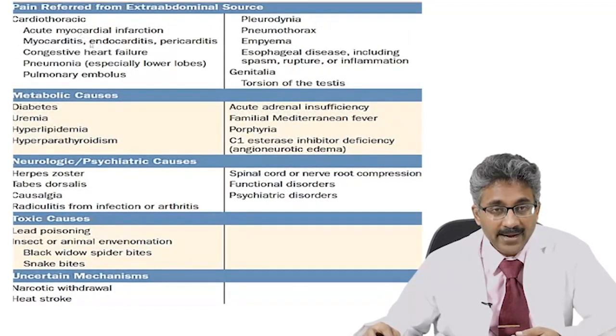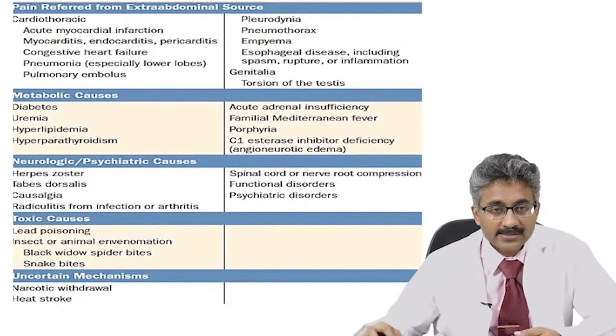Whereas if the pain is from an abdominal cause, the pain will increase with both inspiration and expiration. And on palpation, if the pain is due to referred causes, in the abdominal area where it is referring, if you palpate, the pain doesn't increase. In fact, it may reduce.